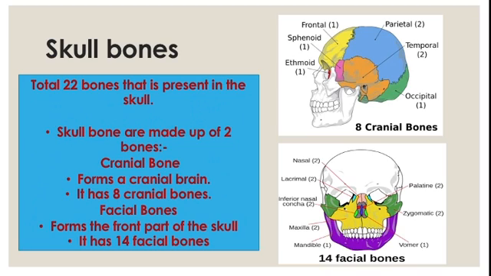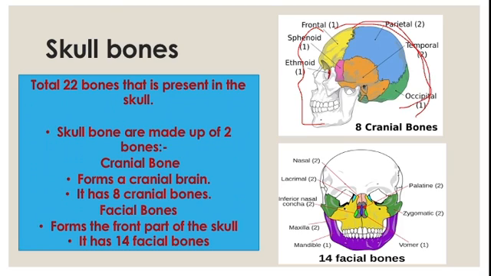So dear students, the skull is made up of two groups of bones, that is cranial bones and facial bones. There are 8 bones present in the cranial bones and 14 bones present in the facial bones. Cranial bones are the part of our head, this part, and the facial bones are this part.